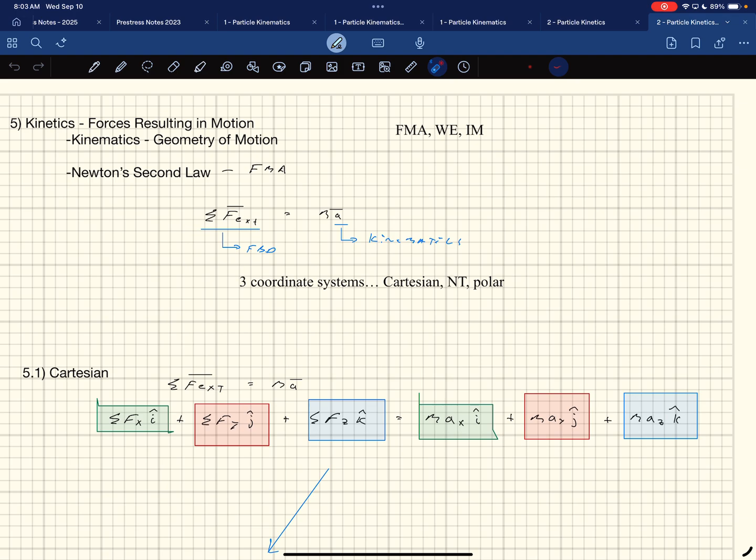Okay, so in this kinetics, we're going to do F equals ma, work energy, and impulse momentum. We're going to do those three different techniques. Today we're going to talk about F equals ma, Newton's second law, in Cartesian coordinates, then normal tangent, and then polar coordinates, and then we'll move on to work energy.